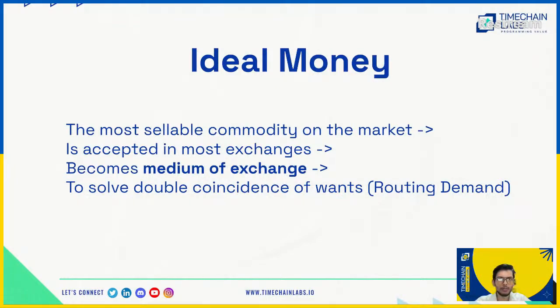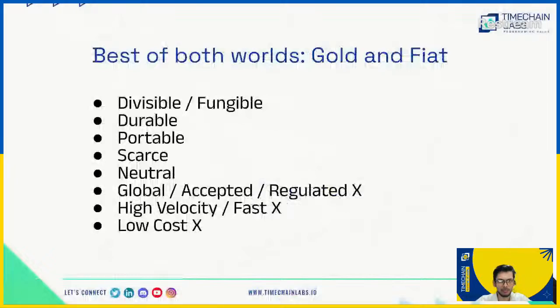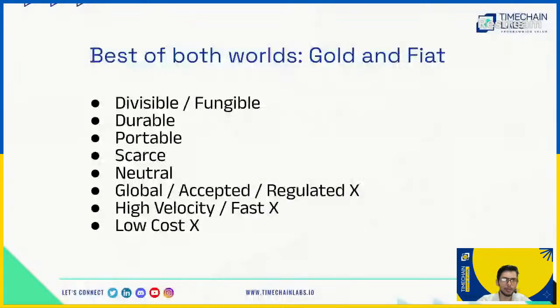Now it has certain properties. When you have a money which is satisfying these properties, there are different properties that get associated with it. It should be at least divisible because we should be able to price different things. Interestingly, if you want a global economy running on a global currency, the best currency should be able to price the smallest item possible to be sold, which in this case is data.